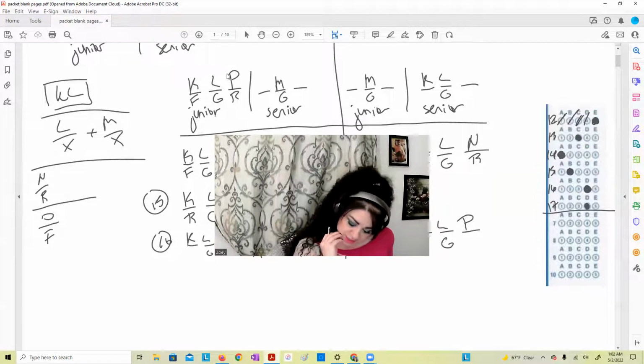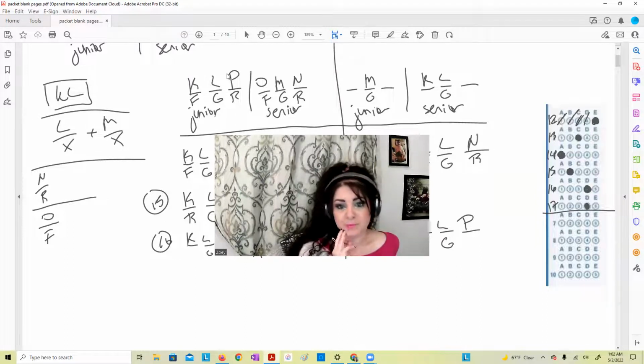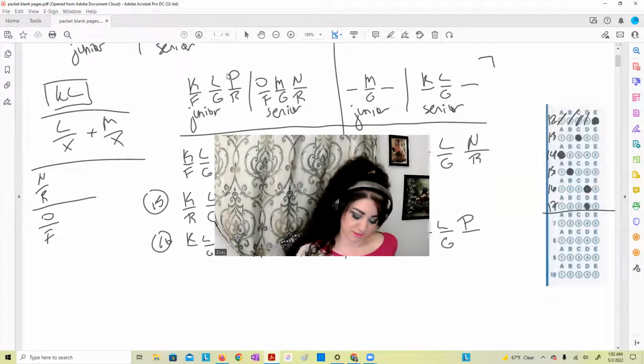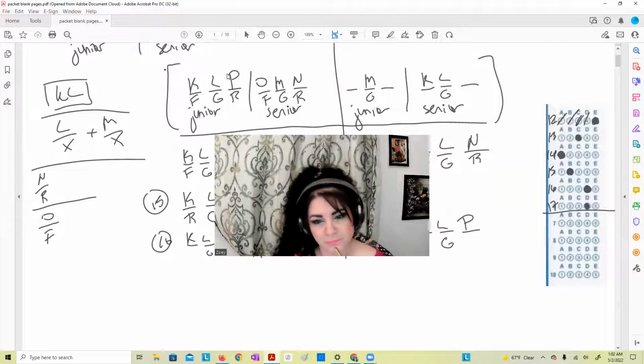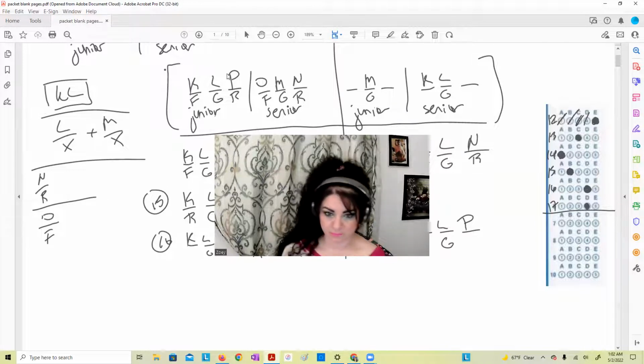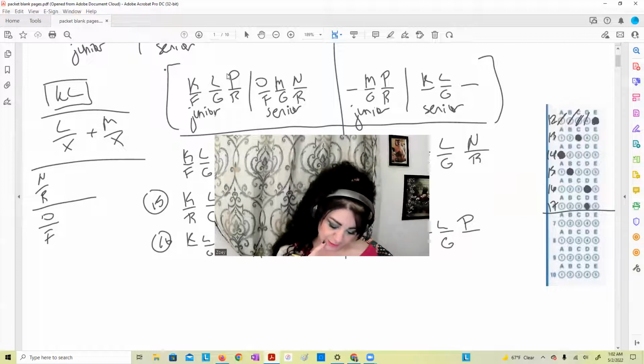And then I would still have to assign N and O. That's how things would be assigned. And then looking at my right side here, it'd be the same thing. So P would have to teach Russian over here. And then that would leave me to assign N and O.